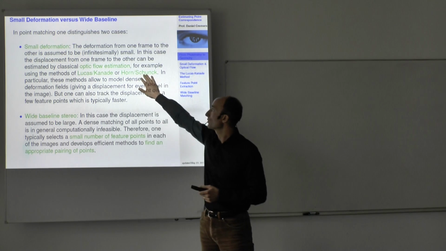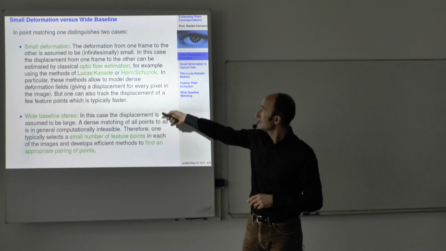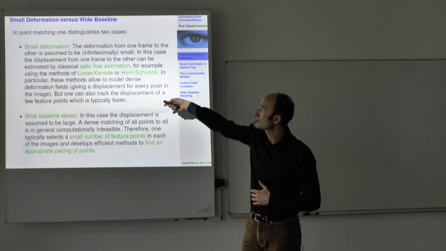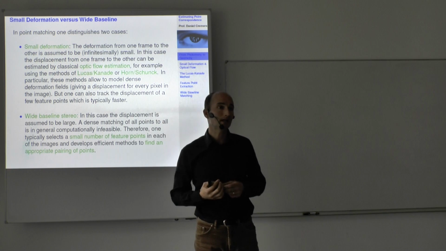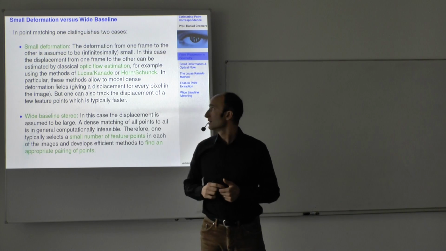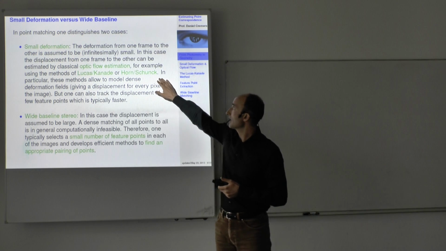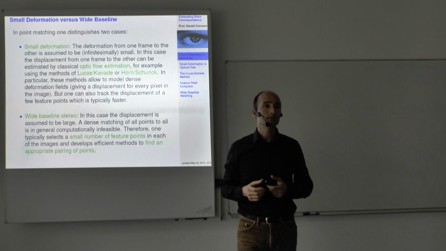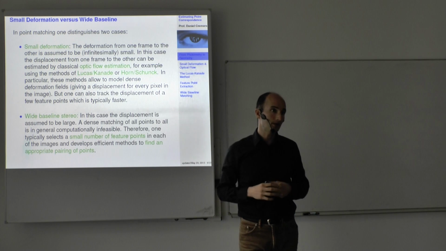So these are quite important papers, and in this class I will focus on the Lucas-Kanade method, because in this class we will not spend much time on so-called dense methods. I'm teaching another class in fall on variational methods, and this is where we go into the dense methods.